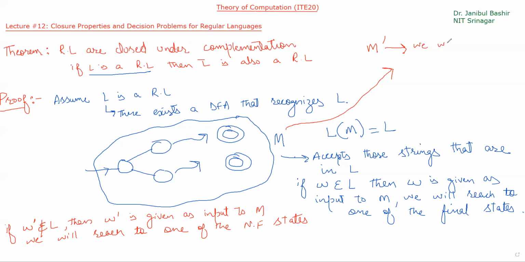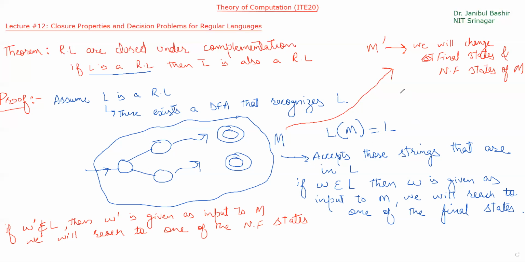We will change the final states and non-final states of M. We will make these final states non-final, and we will make all the non-final states final.